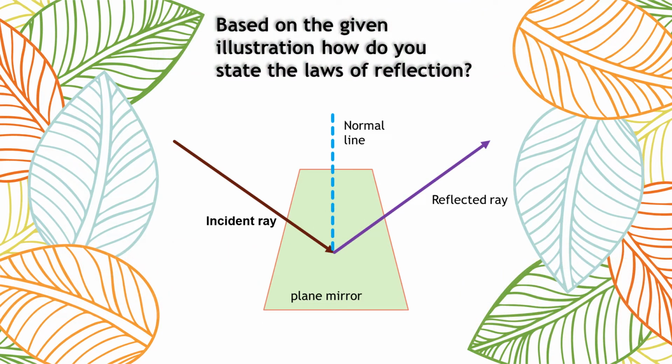Based on the given illustration, how do you state the laws of reflection? From the illustration, you can state the laws of reflection. There are two laws of reflection. What are they?